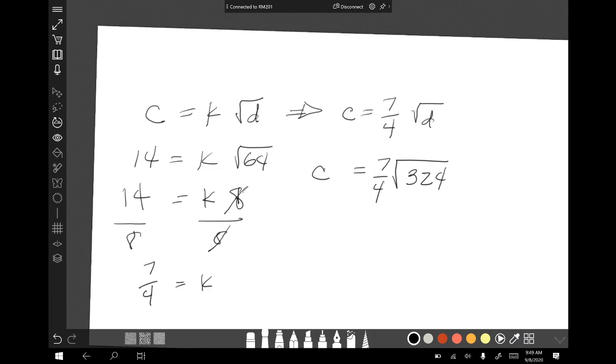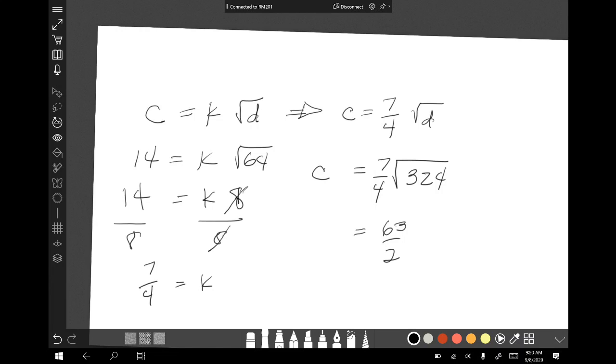You got it? Was that finished? 63 over 2. Okay, that's what it says the answer is. So you had to find the square root of 324, and then a 2, I guess, would cancel. So 63 over 2? Yeah.